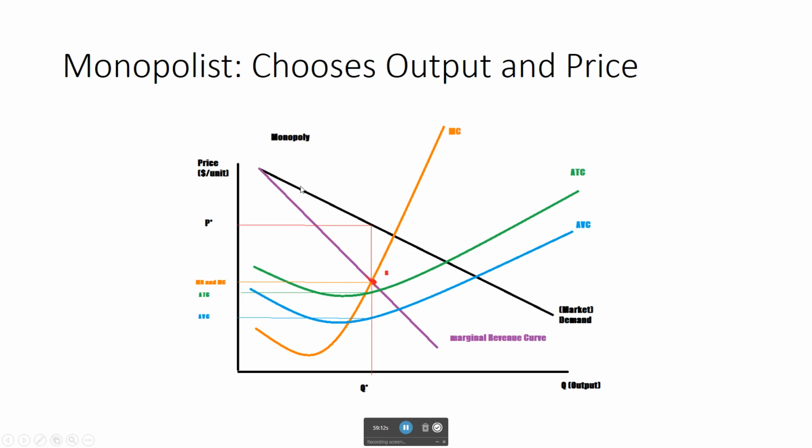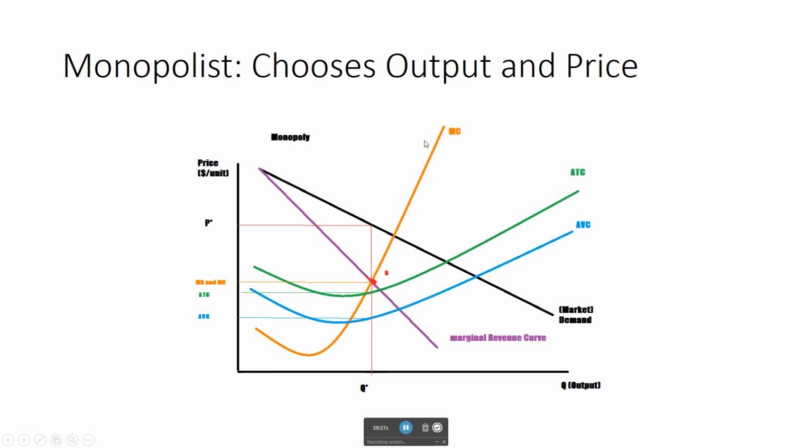The monopolist faces the market demand curve. And because that demand curve is downward sloping and to the right, to sell more output, as we move to the right, they have to lower the price so that consumers will buy that product. As a result, marginal revenue is not equal to price. This purple curve here is the marginal revenue curve.